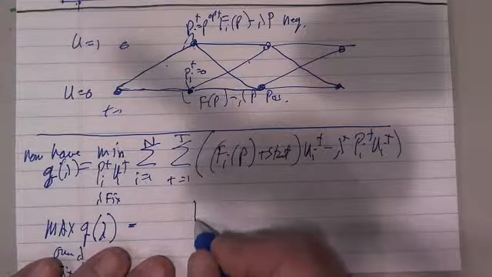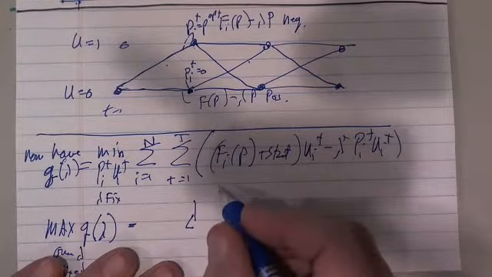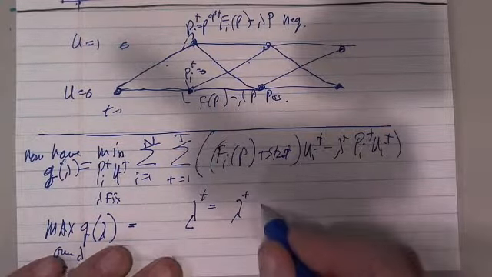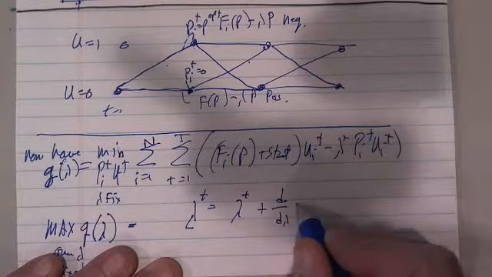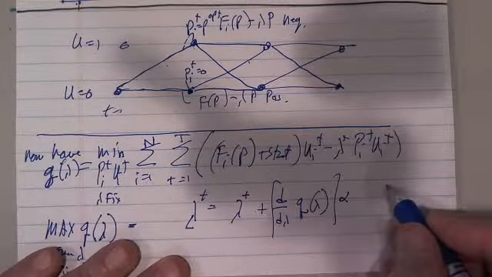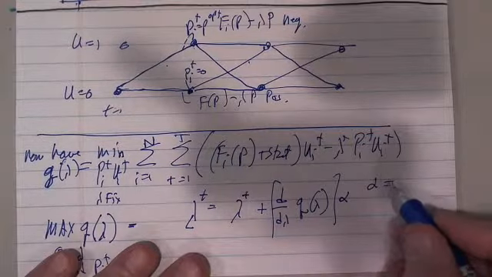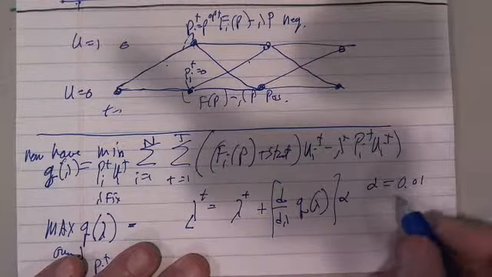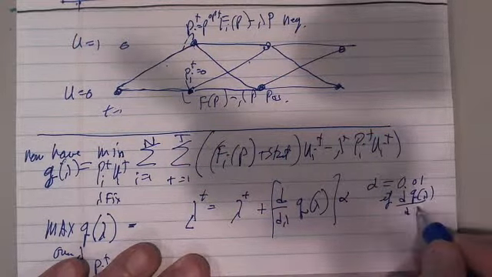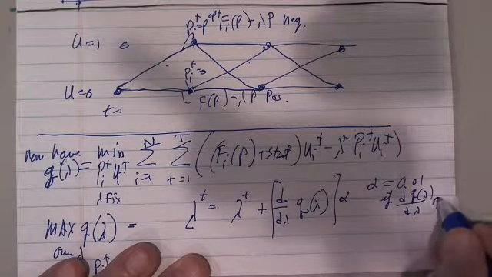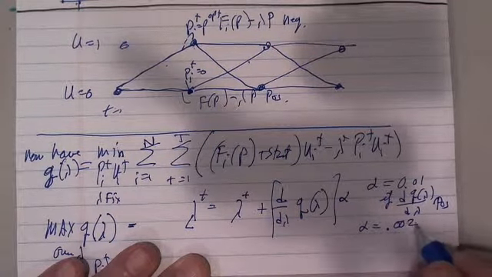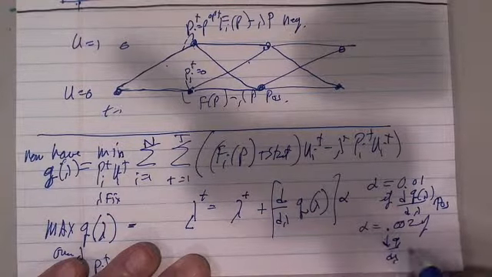And so we say lambda of t is lambda of t, and you do this for each t, plus dq of lambda d lambda times alpha, where alpha equals 0.01 if dq d lambda is positive, and alpha equals 0.002 if dq d lambda is negative.